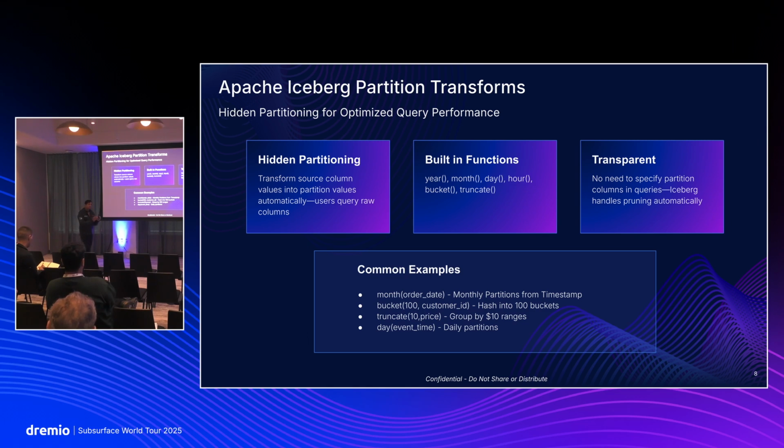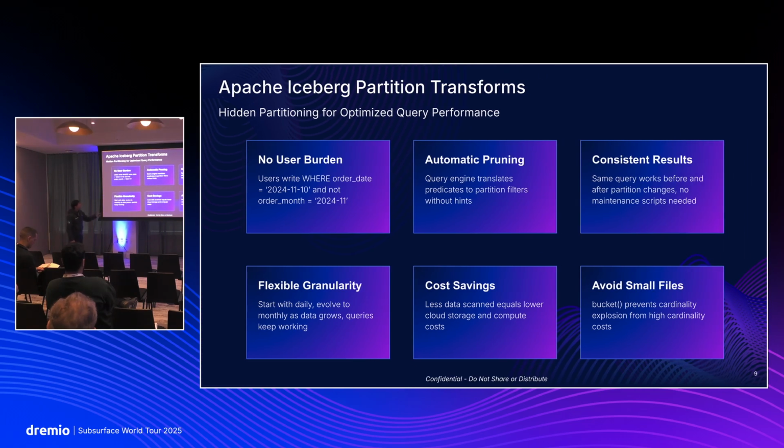So you're not going to read one partition, but you're also not going to read millions of partitions. You can increase this based on how you want to partition. And there is truncate, so you can group by, say, ranges of 10. And this last one is the same as the month example. So there are broadly three categories of partition transform.